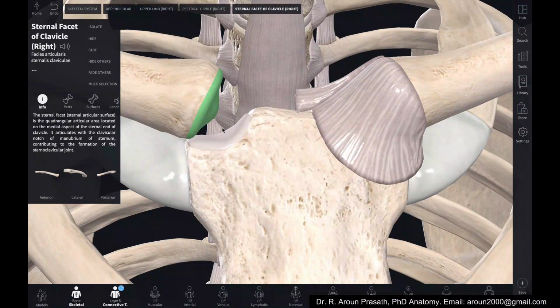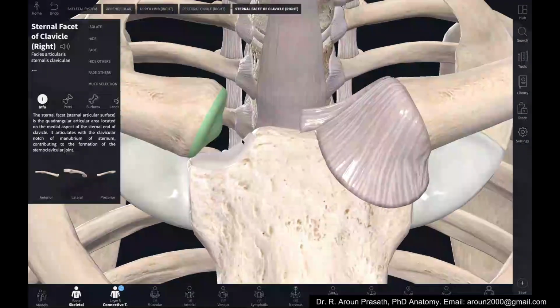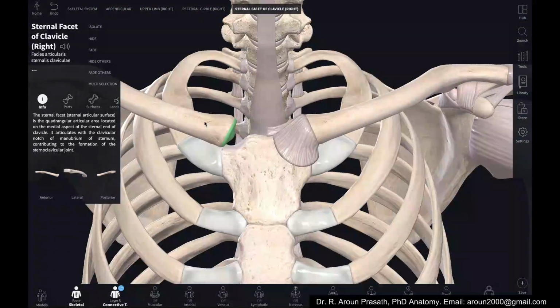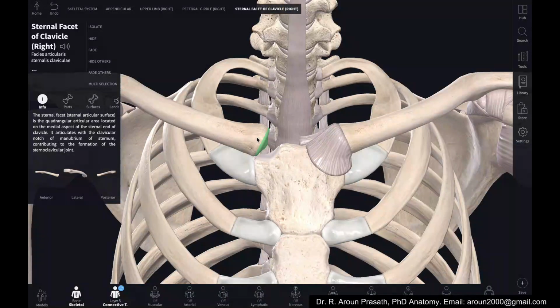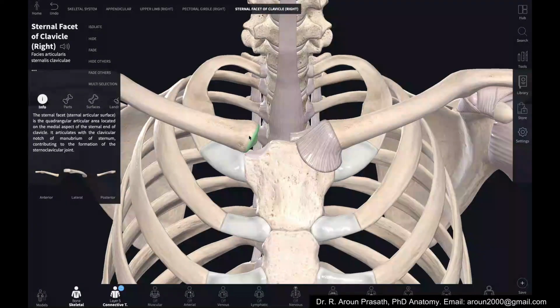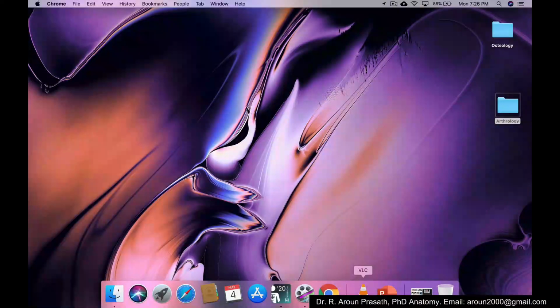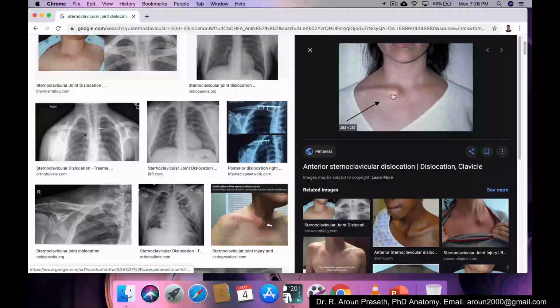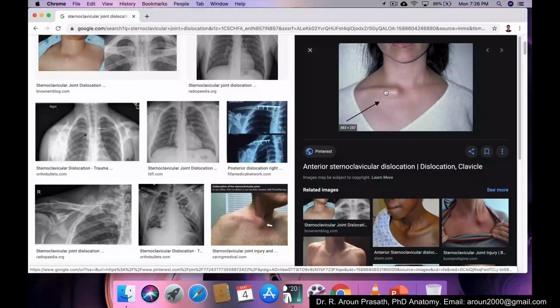This bone is very important to transfer the body weight to the midline. So any fall on an outstretched hand can lead to sternoclavicular dislocation. You can see here the anterior dislocated sternoclavicular joint; the joint is coming up.